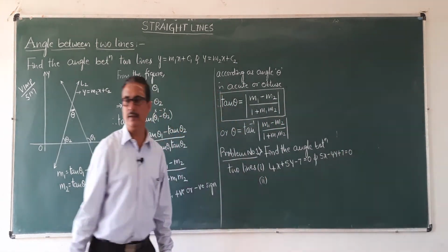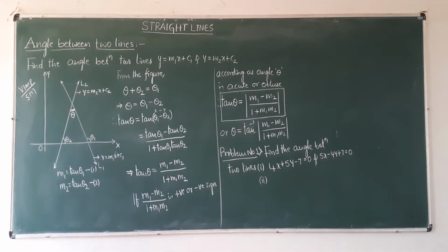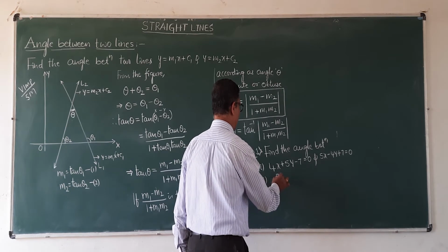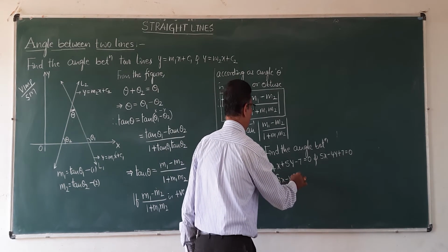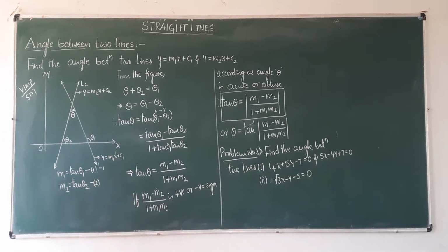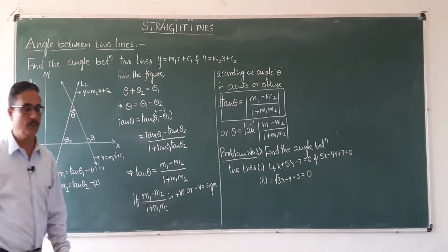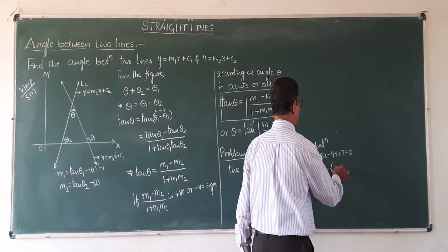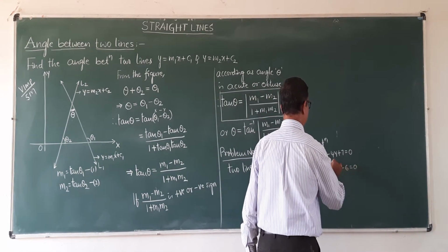Another example: root 3x minus y minus 5 is equal to 0, and x minus root 3y minus 6 is equal to 0.